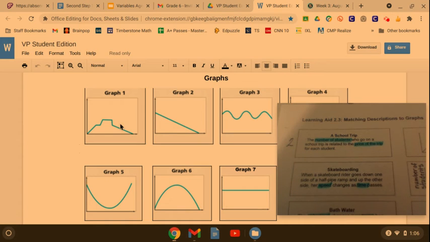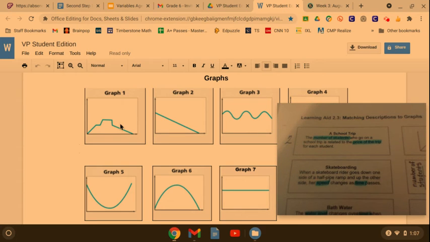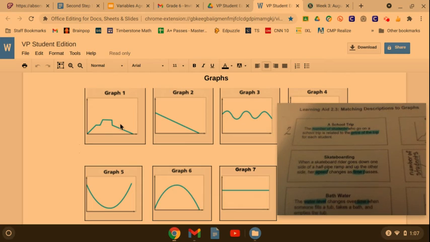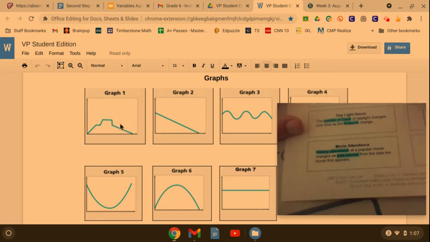And then I also went through and I highlighted for you our variables in each of the stories. So for skateboarding, you should highlight speed and time. For bathwater, you should highlight water level and time. And again, go ahead and pause if you need to so that you can get this down.